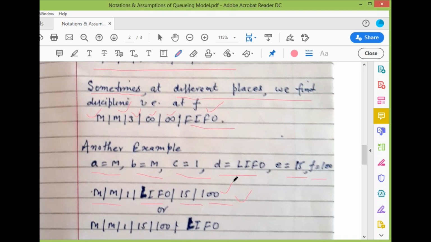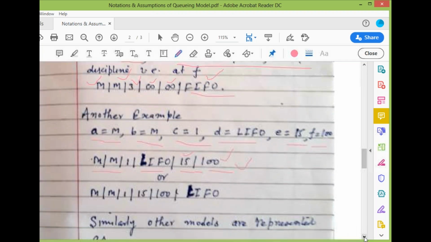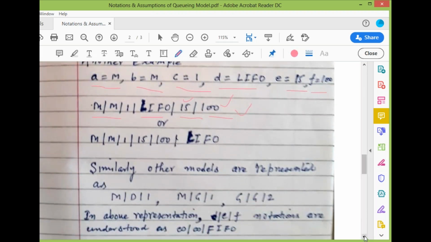So it is finite and it is finite. And if you want to put this one outside, by another literature, they do not follow the basic structure of the notation given by Lee and Taha, and also Kendall, then you can write this LIFO at last.